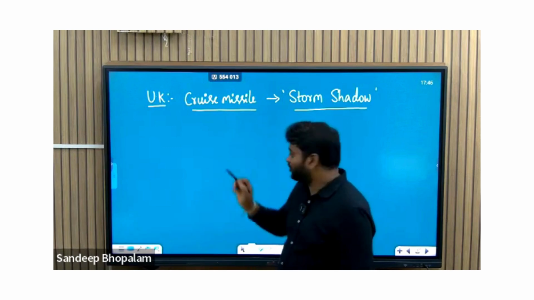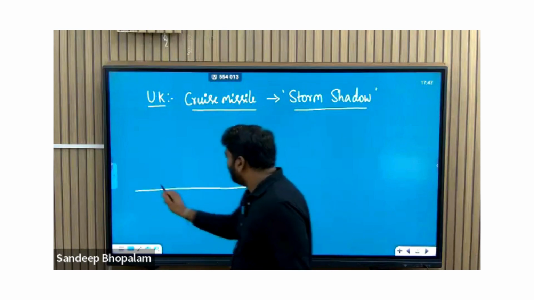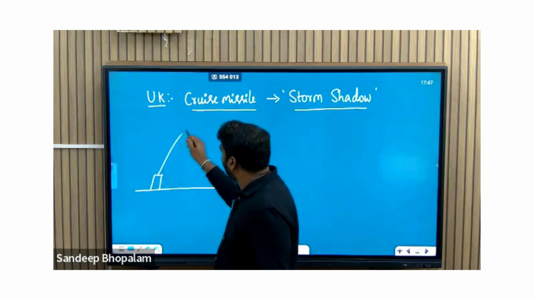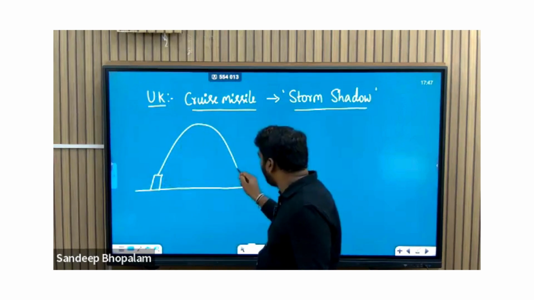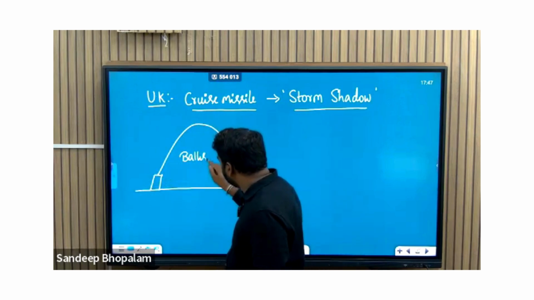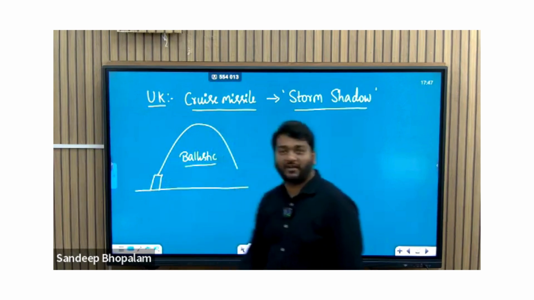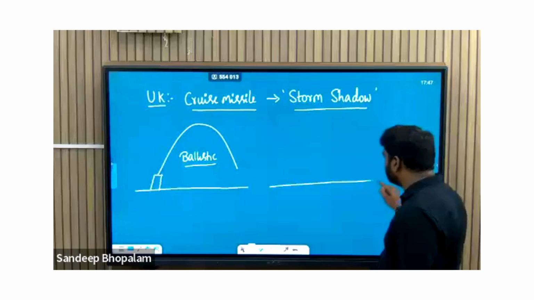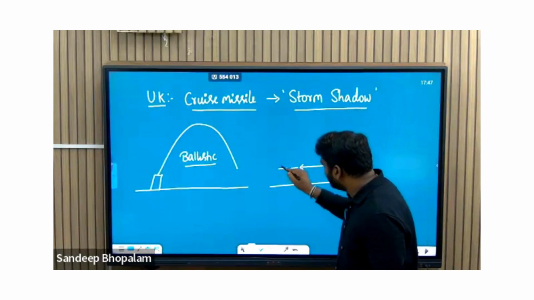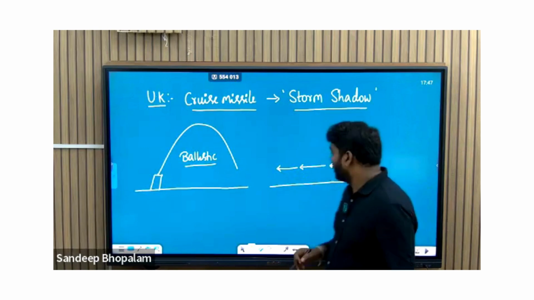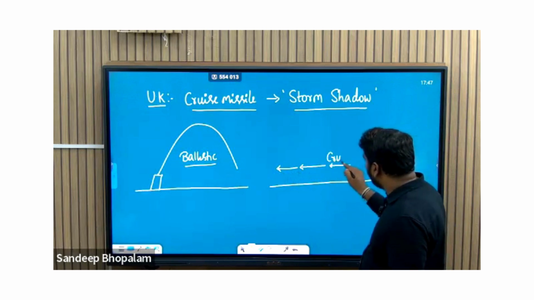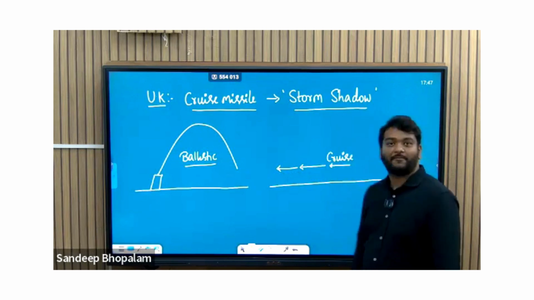What is a cruise missile? You see, guys, whenever we take a missile launcher and it goes in a parabolic form, then we call it a ballistic missile, correct? But if we have a missile that goes at a low height, like people say the height of a tree, then it will be called a cruise missile.